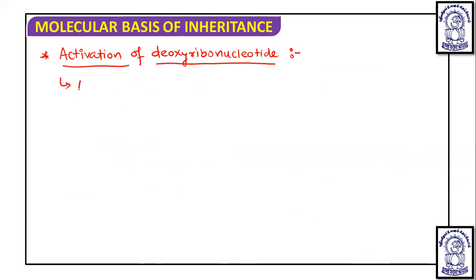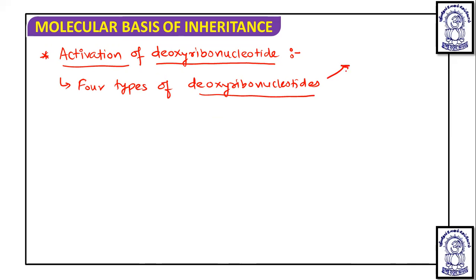Now there are four types of deoxyribonucleotides, dear students, and they are namely DAMP, that is deoxyadenosine monophosphate, deoxyguanosine monophosphate, deoxythymidine monophosphate, and deoxycytidine monophosphate.